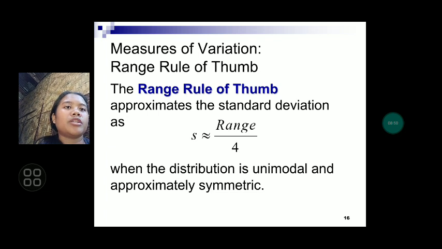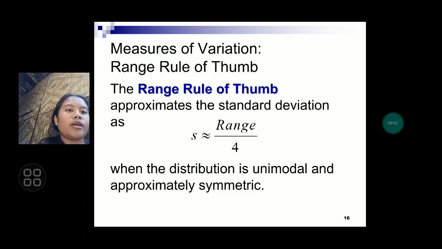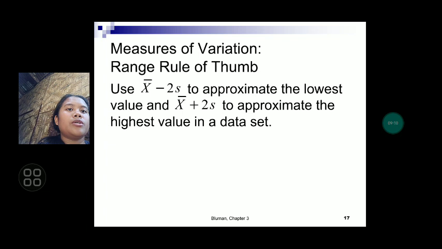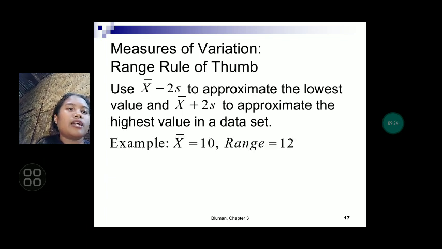Measure of variation: the range rule of thumb. The range rule of thumb approximates the standard deviation as s = range / 4 when the distribution is unimodal and approximately symmetric. Use x̄ − 2s to approximate the lowest value and x̄ + 2s to approximate the highest value in the dataset.